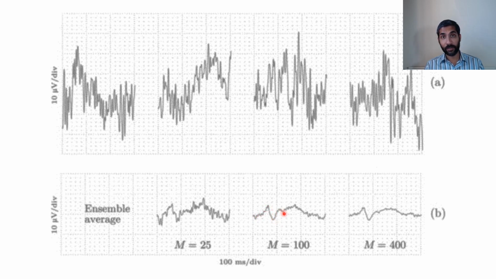Can you see that? And if you do 400, you get a very, very nice shape. That is your evoked potential, and you can use that to measure and diagnose and figure out what is wrong with the neurological system. Right. Hopefully that helps.